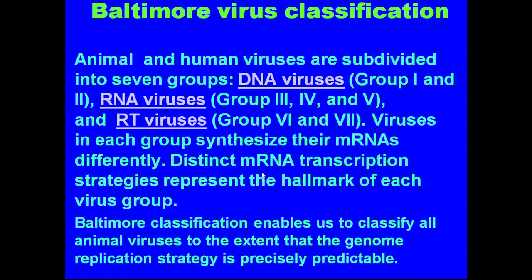This is called the strategies of genome replication. The distinct mRNA transcription strategies represent the hallmark of each virus group. Due to this, Baltimore classification enables us to classify all animal and human viruses to the extent that the genome replication strategy is precisely predictable.